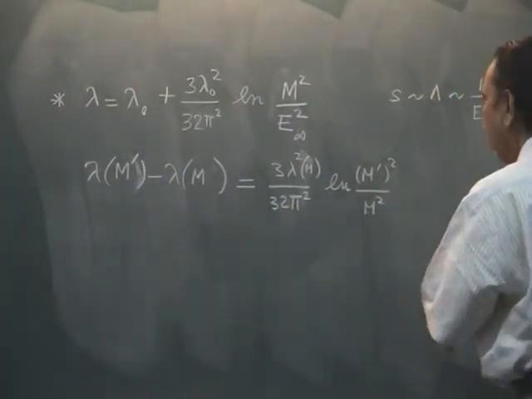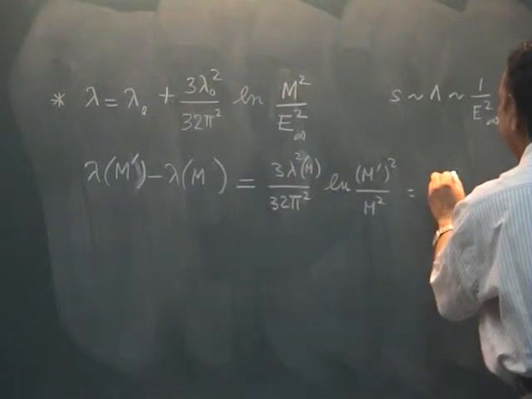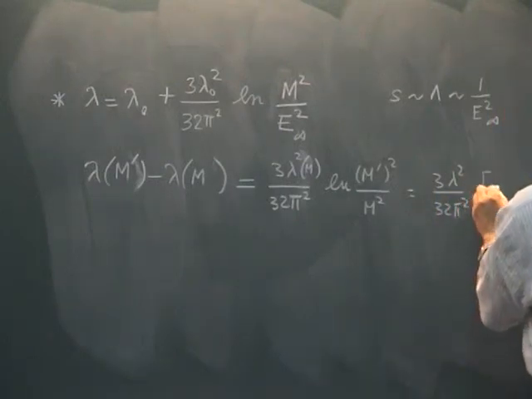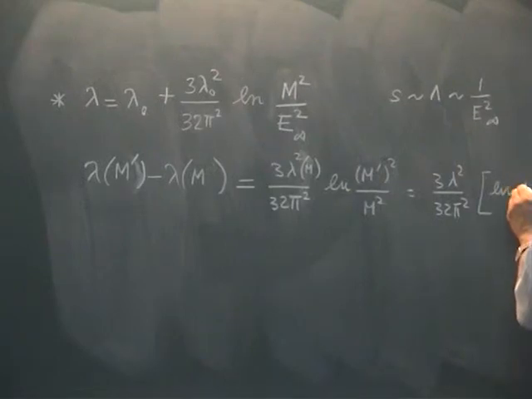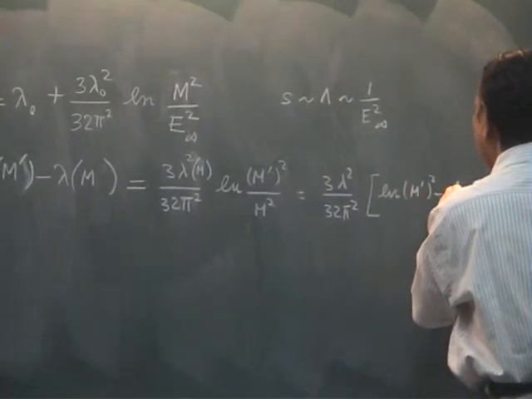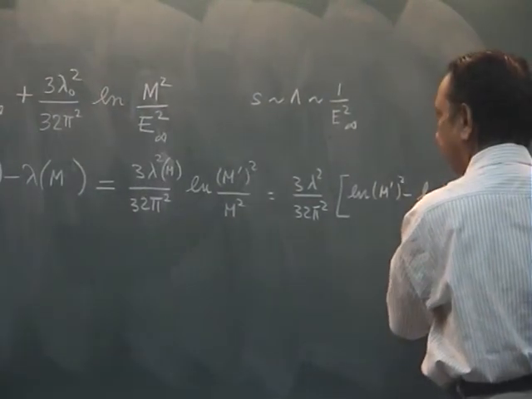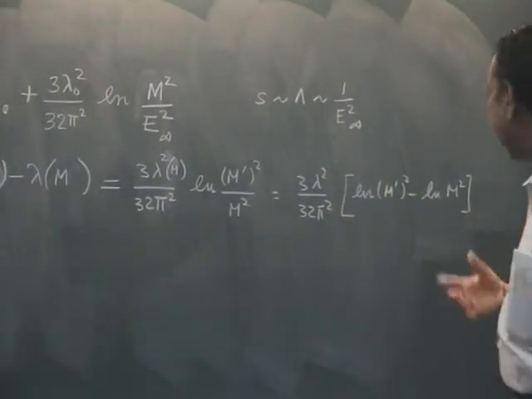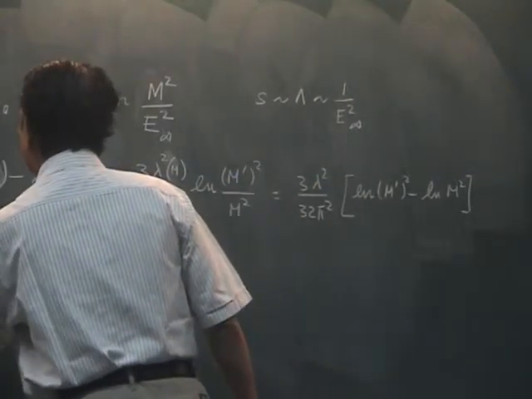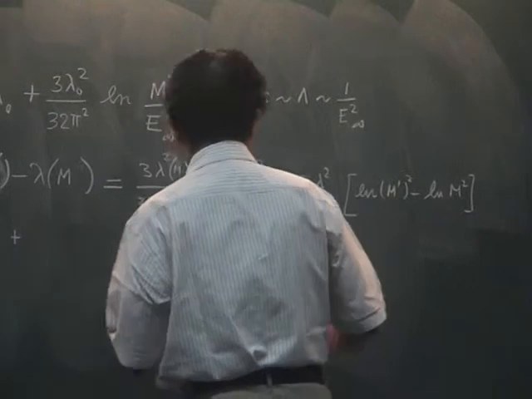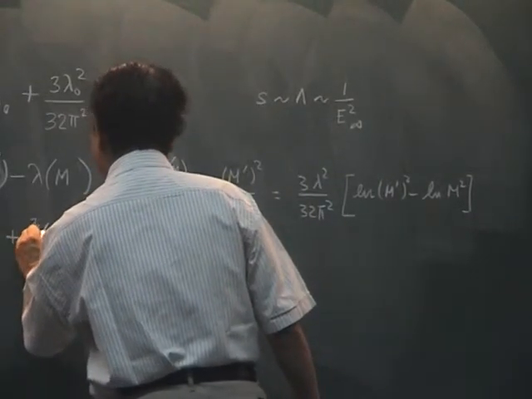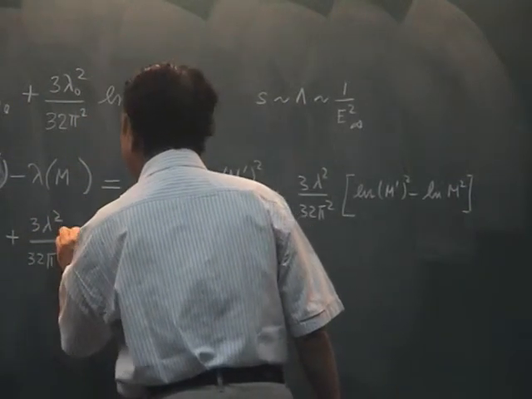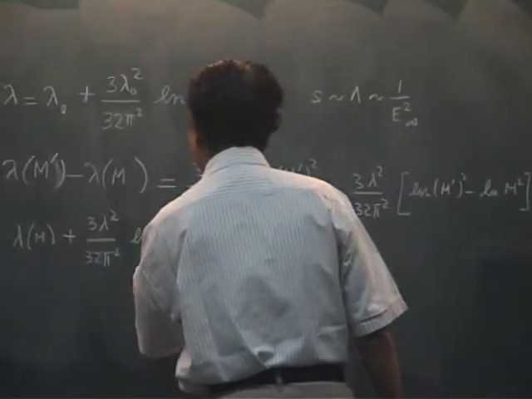Okay. If for a moment I write this as 3 lambda square upon 32 pi square log m prime square minus log m square, then I can combine all the terms with m prime and all the terms with m together, and what I get is that lambda of m plus 3 lambda square upon 32 pi square log m, rather log m square, is a constant.